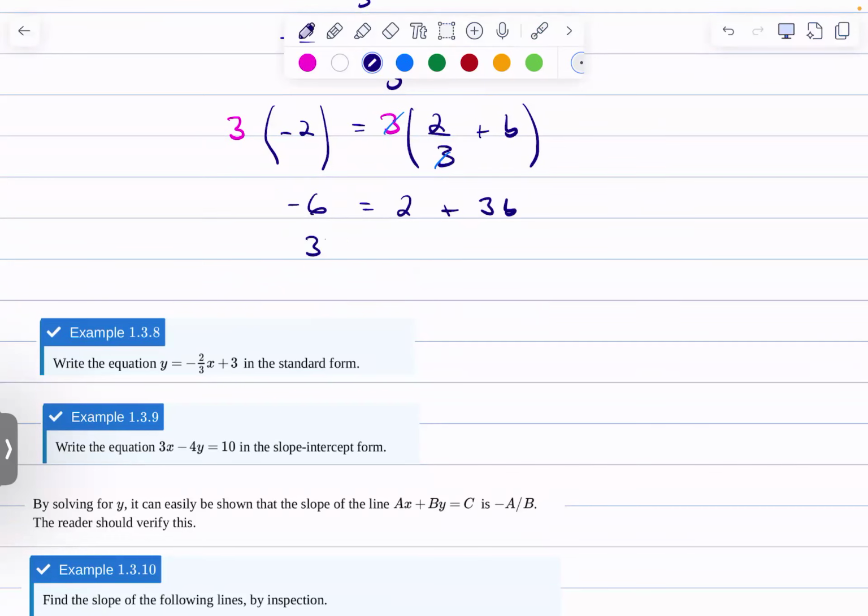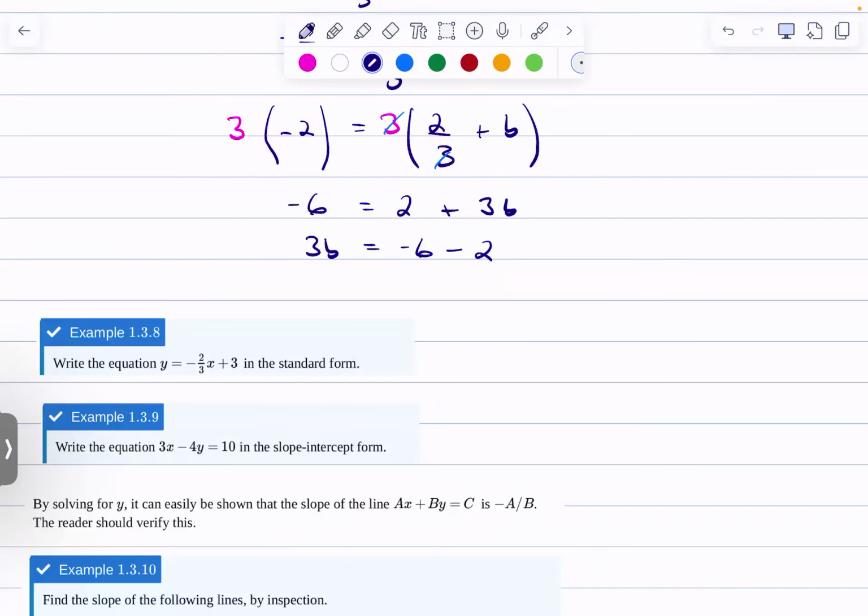So then I have 3b is -6 minus 2. -6 minus 2 is -8. Yeah. Wouldn't it be -3b? Because you have the -3b from both sides.